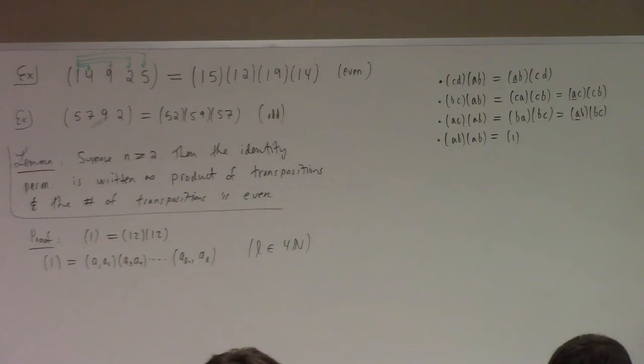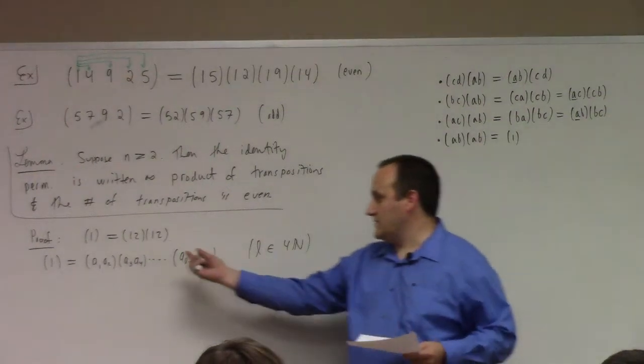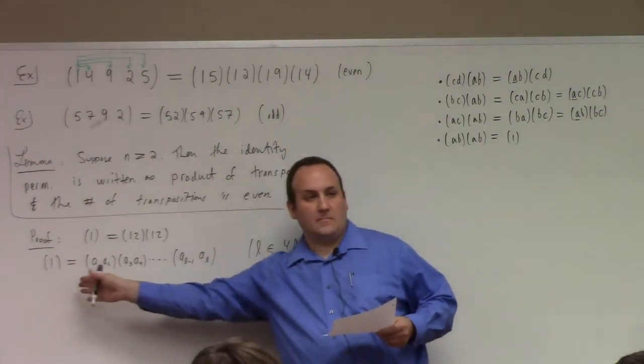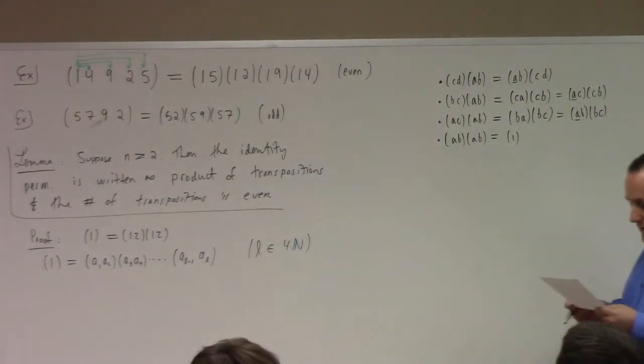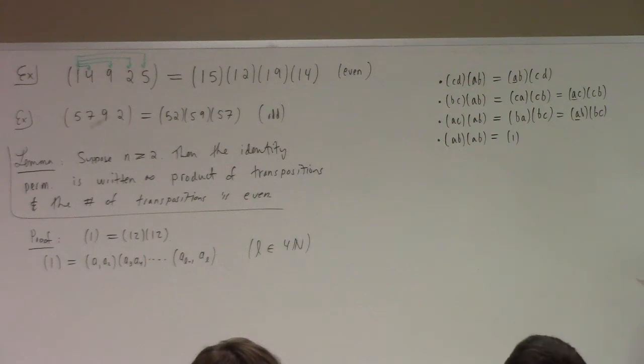So what he says is, suppose A is the largest number appearing among all the transpositions in that list. We can take the rightmost occurrence of A and move it to the left. As we move the A's to the left, at some point, the A's must cancel out, right? We have to end up eventually with this case, because it's the identity. If not, you'd have 1 equal to AB times tau with no A's in the tau, but that would contradict the fact that it's identity.